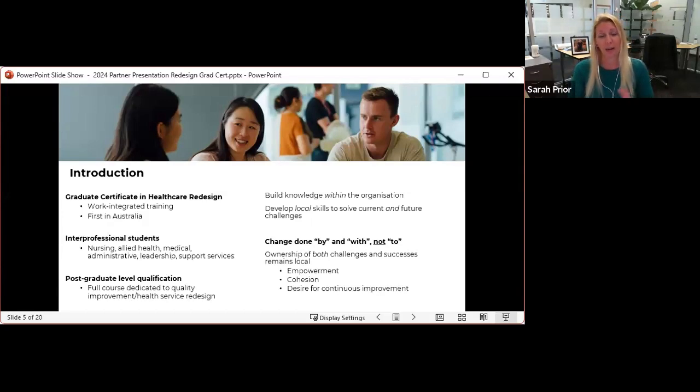So really from any professional background in health services, you can undertake a Redesign course. It is a full postgraduate level qualification. And we aim to build knowledge and culture of change within organisations. So developing local skills to look at solving current problems as well as future challenges within health services.